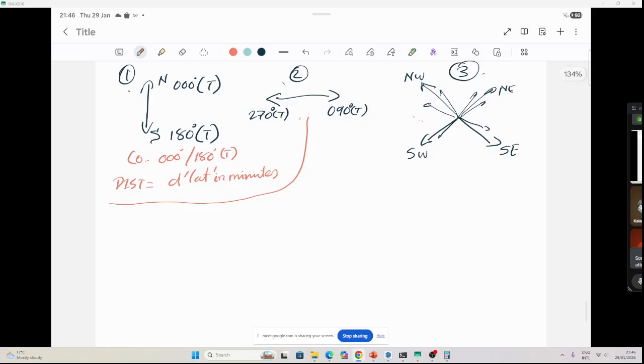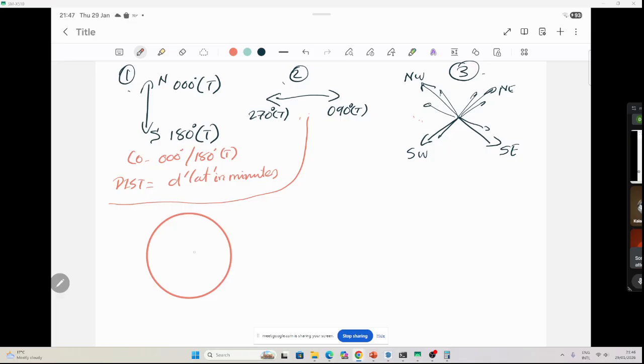Now in the second type, if you go east to west, let me draw this nicely, otherwise it will look ugly and you'll say I can't even draw a circle. Thanks to the technology, I can draw circles now.